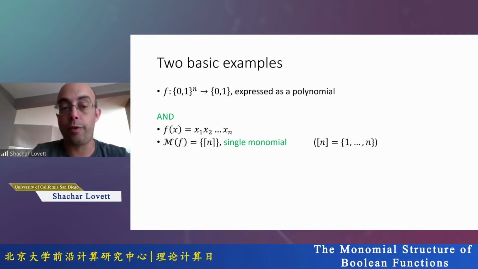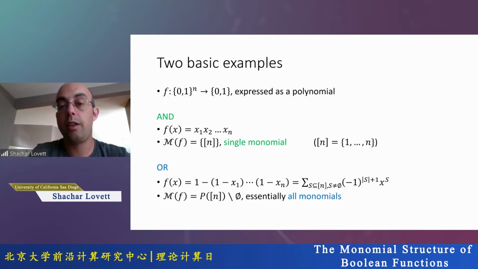Now let's look at the OR function, which is going to be actually very different from this viewpoint. The OR function is sort of the opposite. It's going to be 1 if at least one of the variables is 1, and you can verify it as a simple exercise. If any xi is equal to 0, then this is 1. That's fine. But if every xi is equal to 1, this thing becomes 0, then 1 minus that becomes 1.